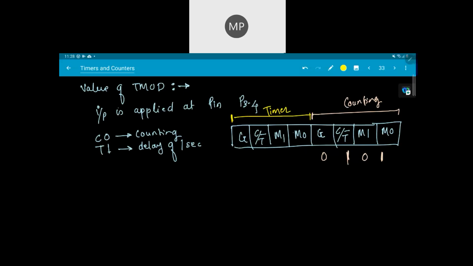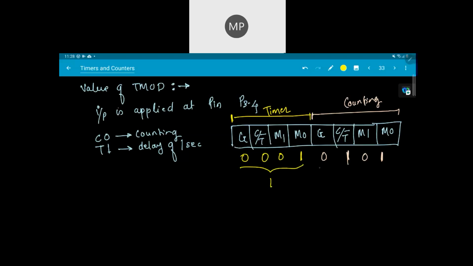What would be its value? Since we want to generate a delay of 1 second, as we did in the last lecture, obviously we will be using mode 1 here. So this is 0 1. We want this to be used as a timer, so we'll make it 0, and we want to control it internally, so it will again be 0. So what is its value? Anybody?